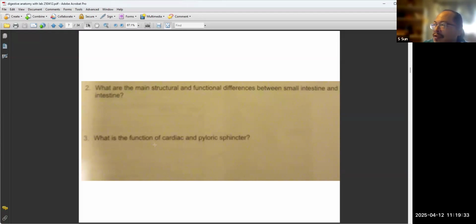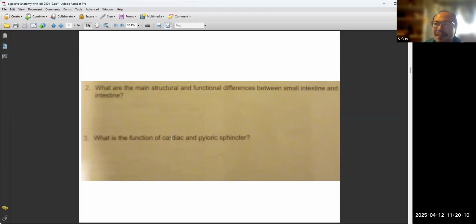Question three, what is the function of the cardiac and the pyloric sphincter? Cardiac is the entrance into the stomach. Pyloric sphincter is the exit of your stomach. So cardiac prevents your food from entering back into the esophagus, which is important because your stomach is very acidic.